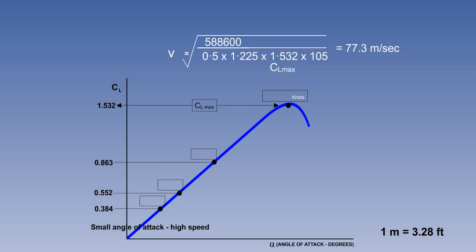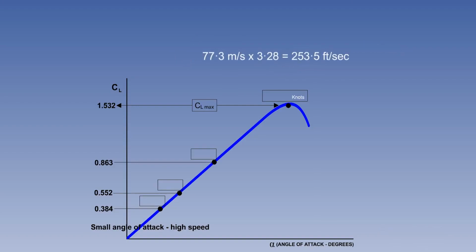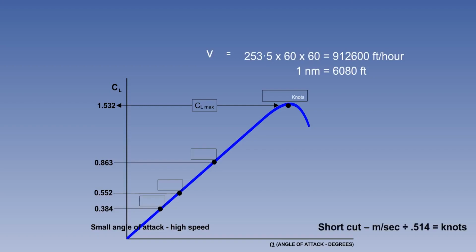We need this speed in knots, so we multiply it by 3.28, which is feet per meter, giving 253.5 feet per second. To convert this to knots, we need to make it into feet per hour, which is 912,600, and then divide by the number of feet per nautical mile, 6,080, giving the final answer 150 knots.